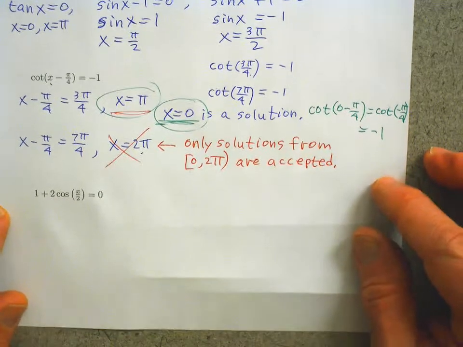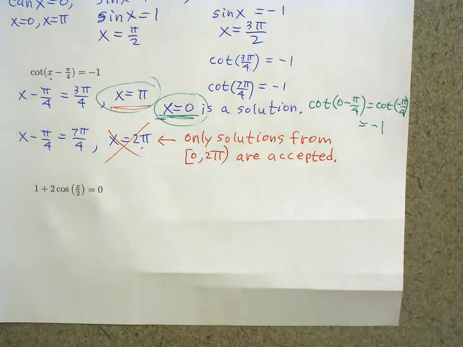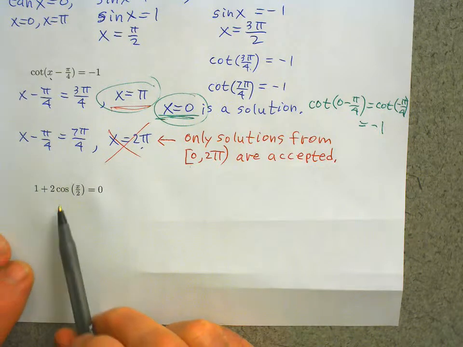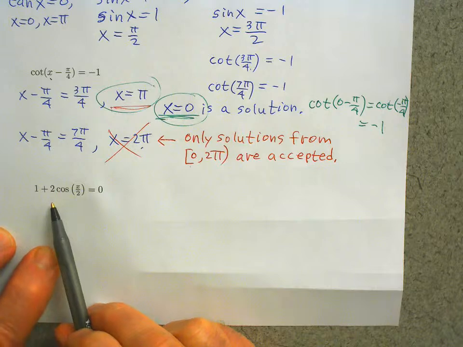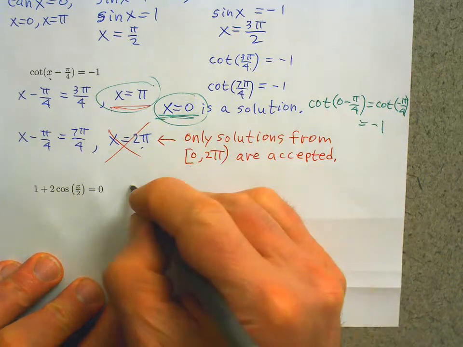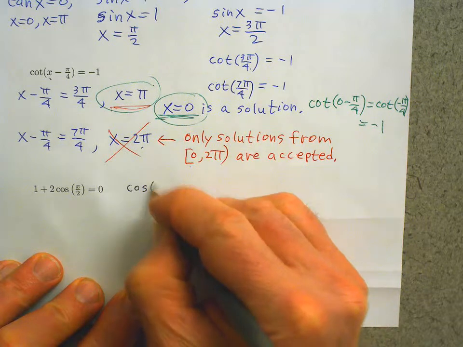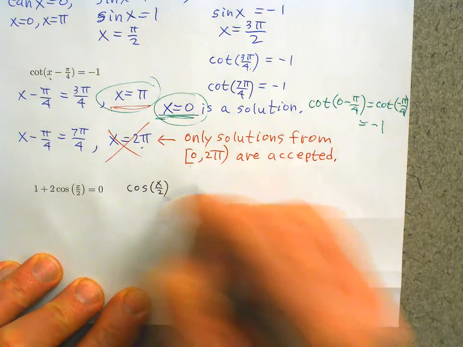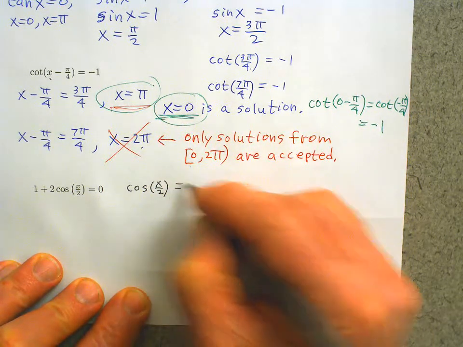Okay, the next one on this page, 1 plus 2 times cosine of x over 2 equals 0. Okay, so let's subtract 1 from both sides and then divide both sides by 2. We get cosine of x over 2 equals negative 1/2.